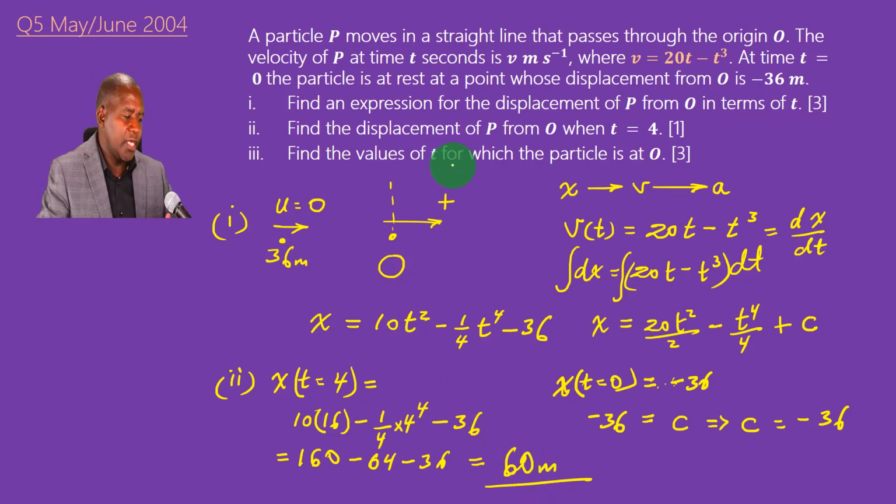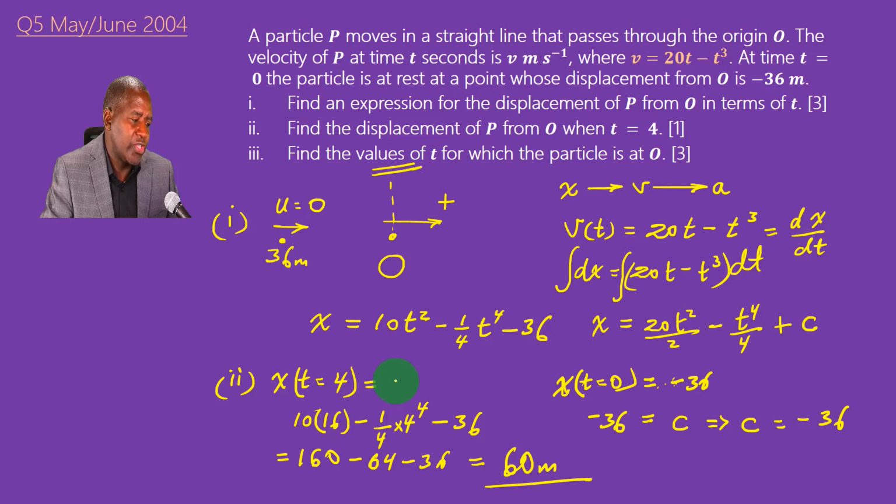And then finally, find the values of t for which the particle is at O. Values. Look at the plural. So there are 2 values of t for which the particle is at the origin. When it is at the origin, it means that the displacement is 0.